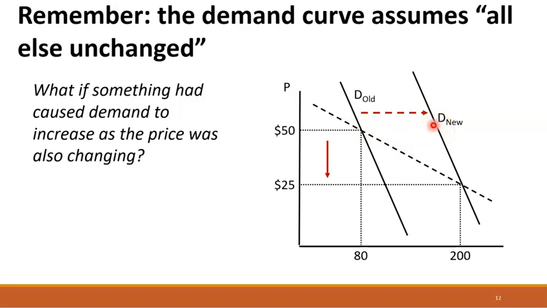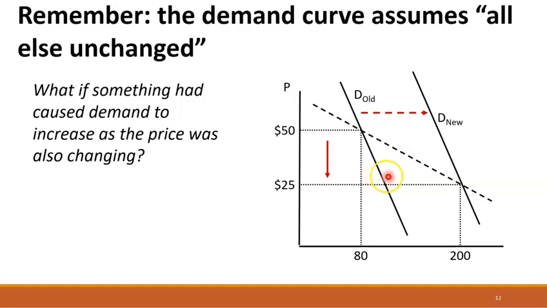We can talk about an increase in demand, or if it goes in the other direction, a decrease in demand. Suppose that hadn't happened. Then what would have happened would have been just a change in the quantity demanded as we moved along the same demand curve. So if we cut our price, sales would have increased from 80 to, let's say, 110 or something like that. So we would describe that as a change in the quantity demanded as a result of a change in price.